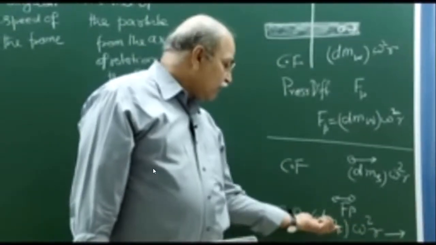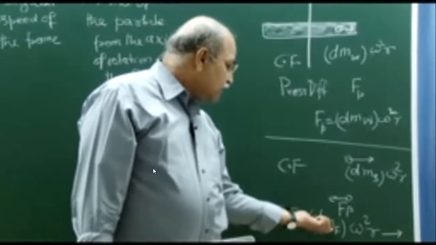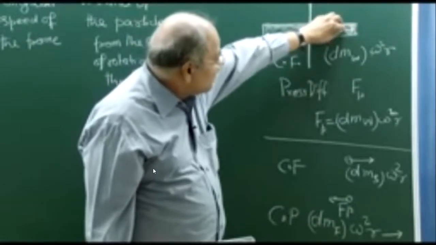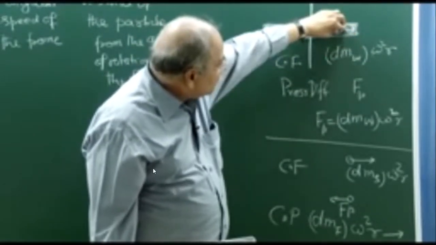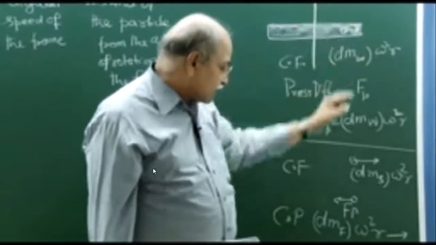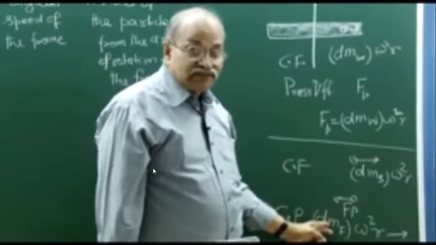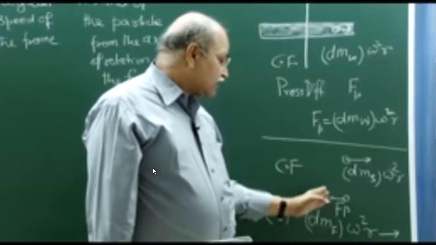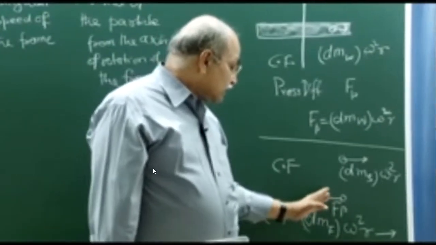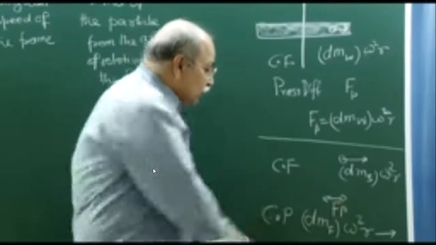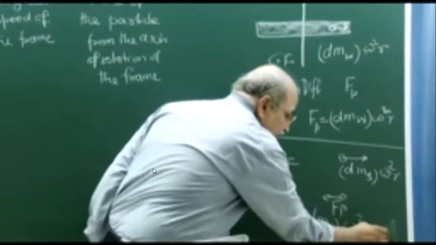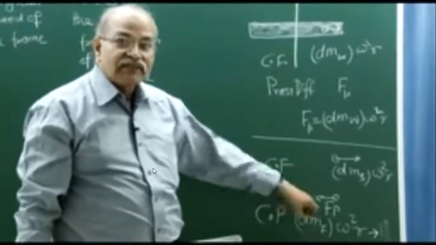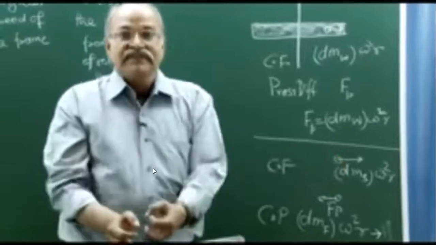So for the same volume, same shape of water mass here, the centrifugal force is this. For the same volume of foam mass here, the centrifugal force is smaller. F P remaining the same, the centrifugal force is smaller, and this pressure difference force is larger. The resultant force will be towards the left. Let me draw a small arrow here. So the resultant force will be towards the center, and the foam particles will be driven towards the center.